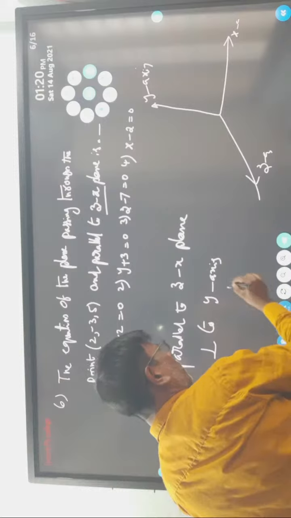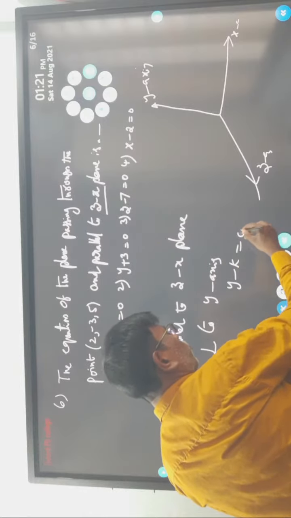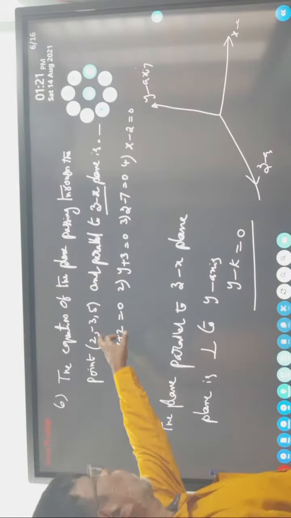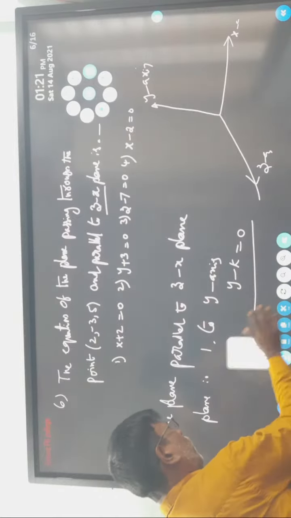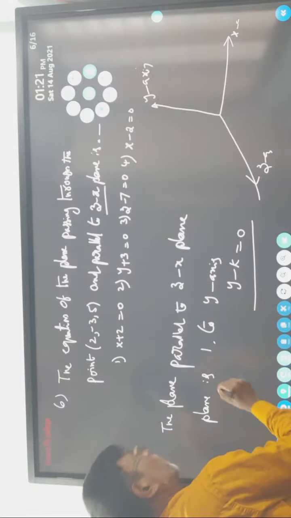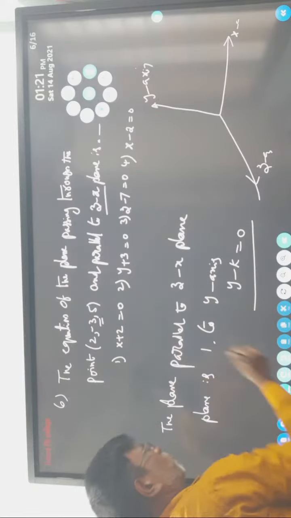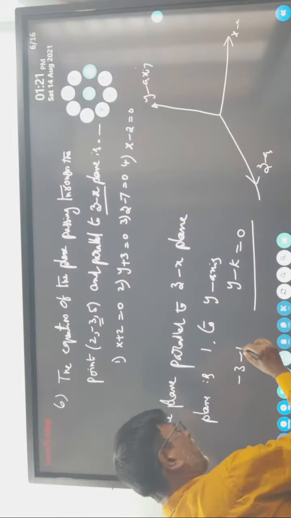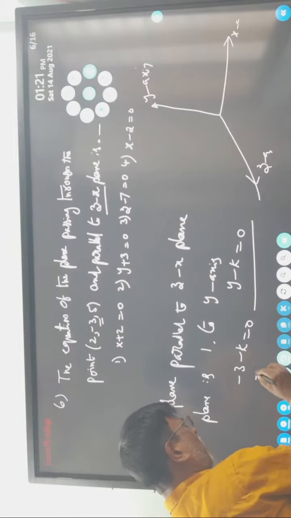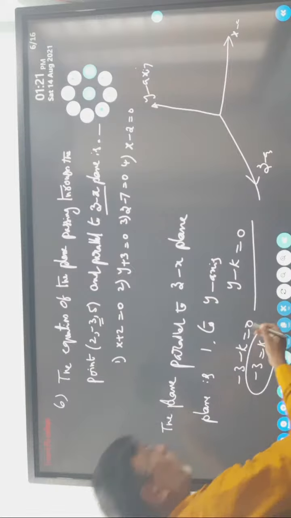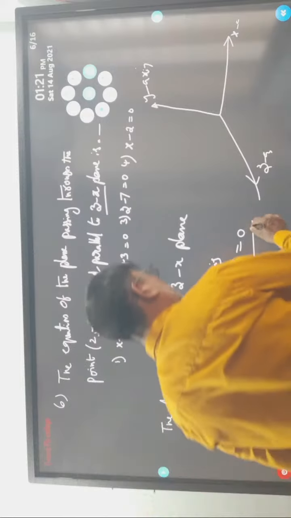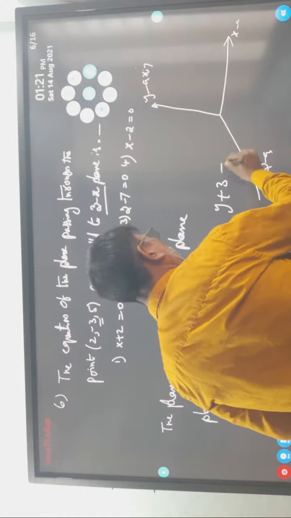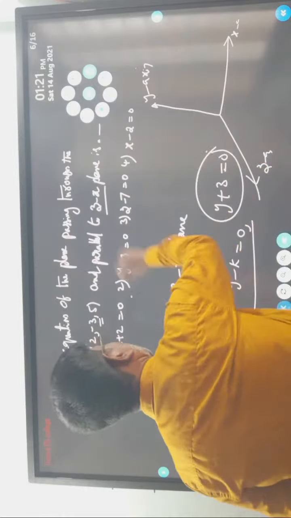Perpendicular to the y-axis means y minus k equal to 0. Passing through this point, substitute there. What is y? You have to take that. So y minus 3: substituting, minus 3 minus k equal to 0, so minus 3 equals k. Substitute that and you will get the answer. So k is minus of minus 3, y plus 3 equal to 0. That gives the second option as the correct answer.